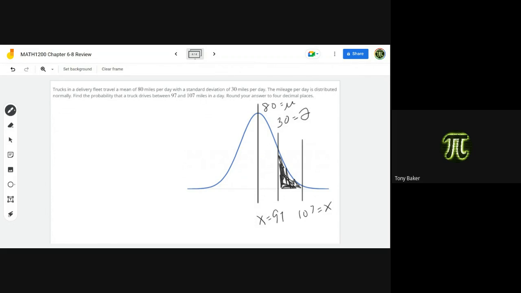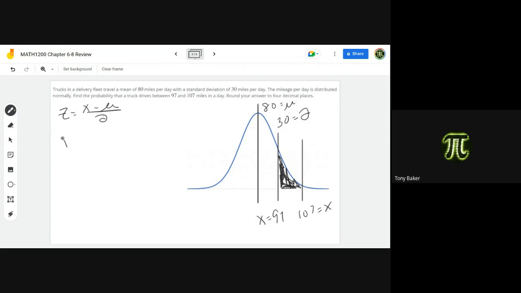So, all right. So we've got that. So we're looking for percentages, right? So the only way to find percentages on here is to find my z-score. So remember, z-score is x minus the mean over the standard deviation.